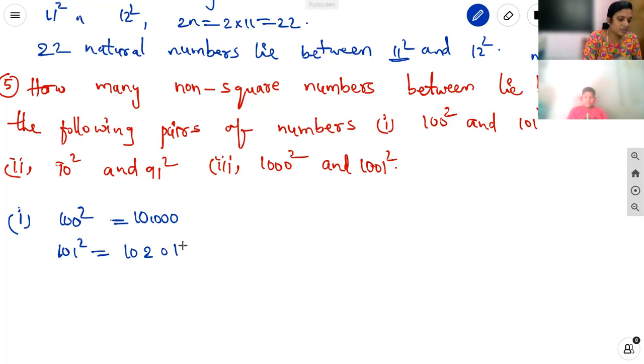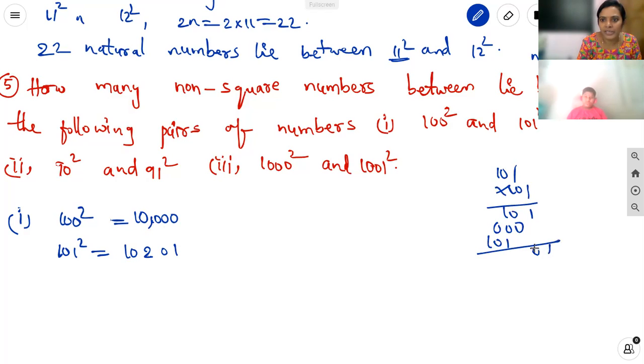Why? Because here just you can multiply. 101 into 101 is 10201. It has some relation.